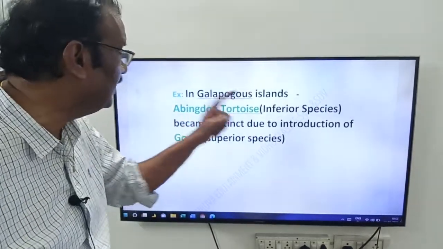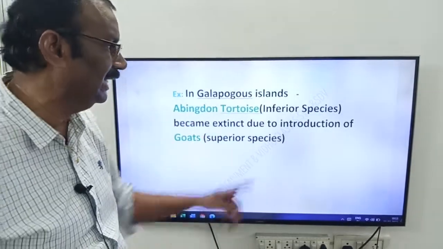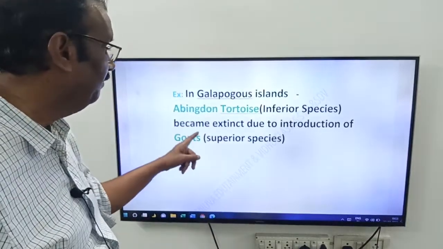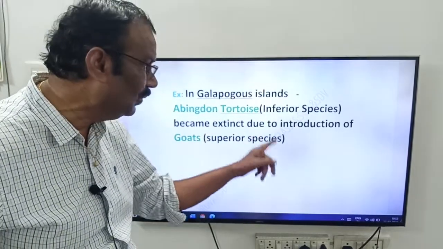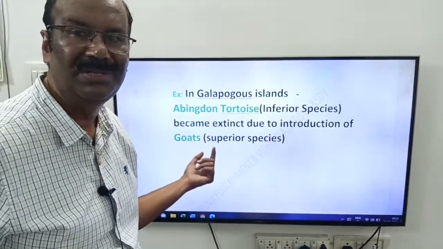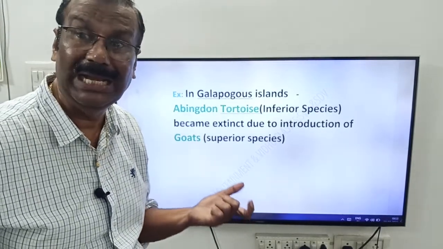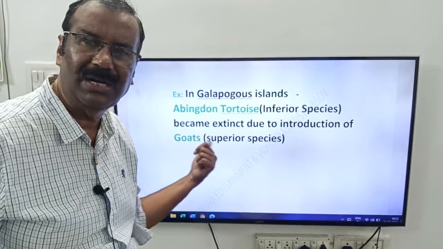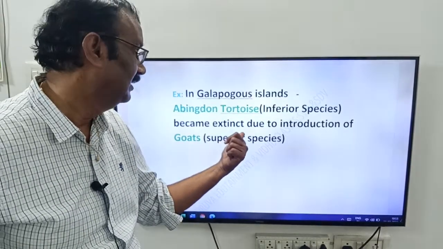So the tortoise, the inferior species, became extinct due to the introduction of goats. Goats have more grazing capacity than the tortoise, so goats are called the superior species.